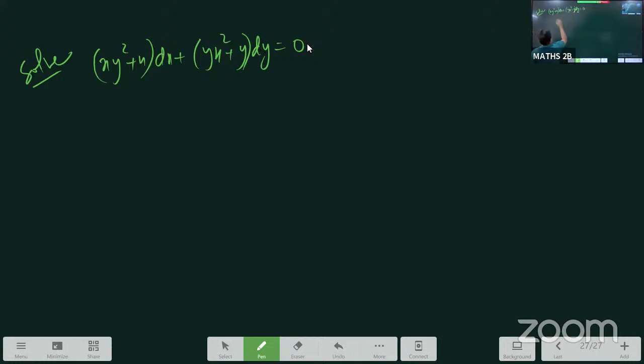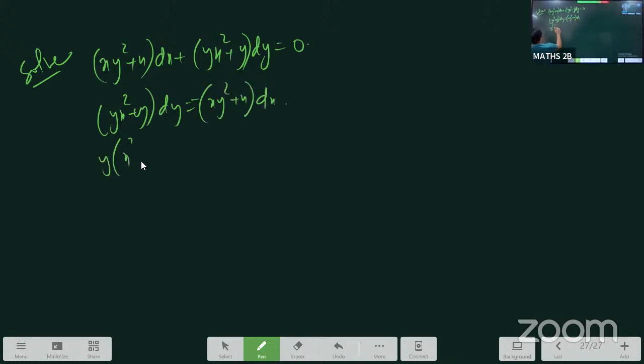So bring dx to that side: (yx² + y) dy minus (xy² + x) dx. Take y common: y(x² + 1) dy. Take x common: x(y² + 1) dx, minus.